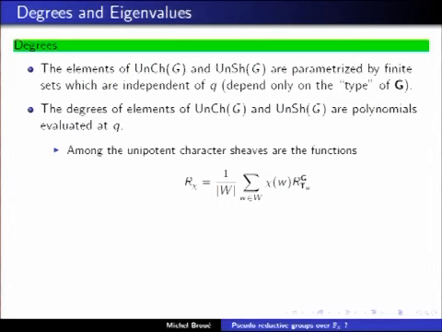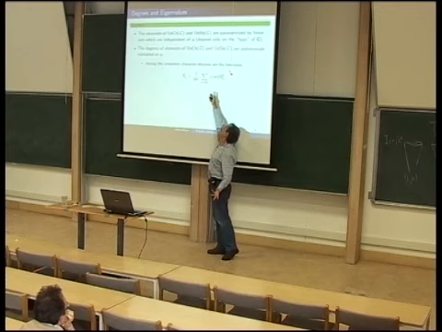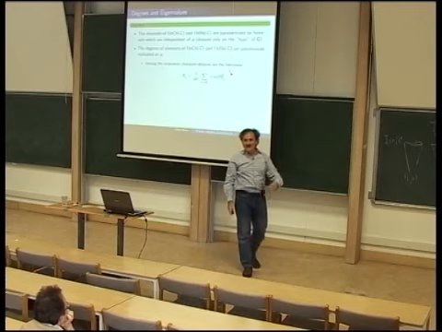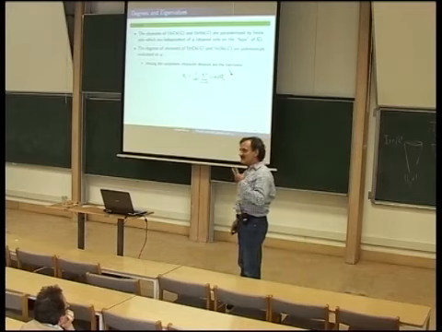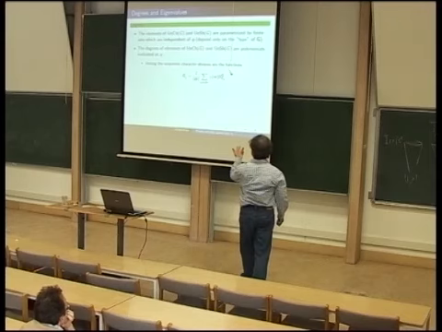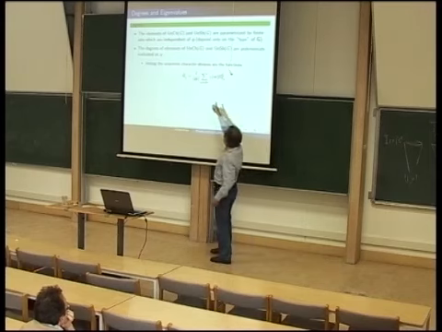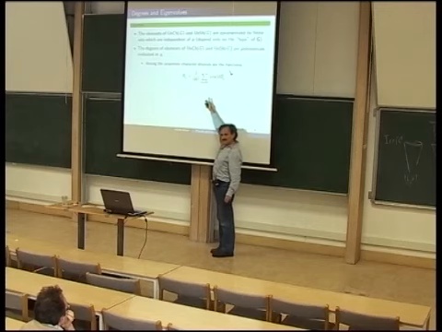Now, among the unipotent character sheaves are these functions here. It's a nice linear combination of the Deligne-Lusztig induced functions, indexed by W, where chi is a character of the Weyl group. You see that because I compute chi of W. So among the unipotent character sheaves are these functions which are labeled by the characters of the Weyl group.